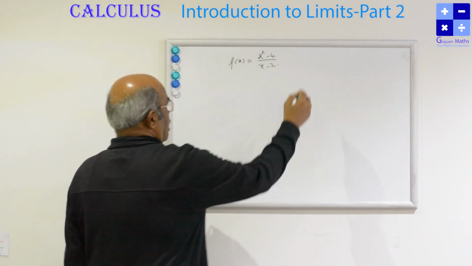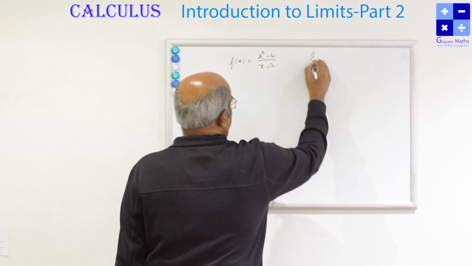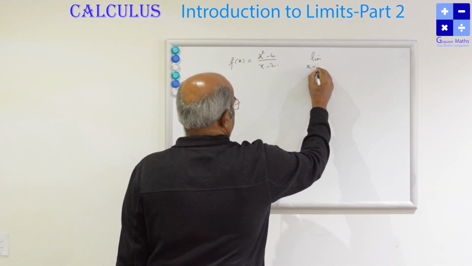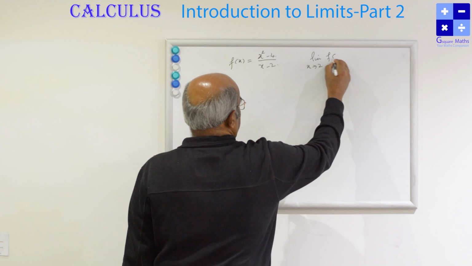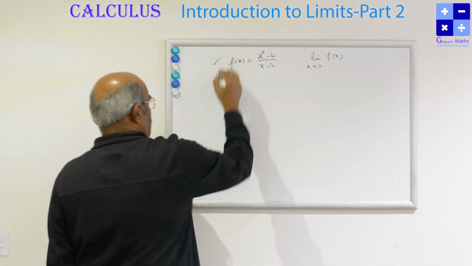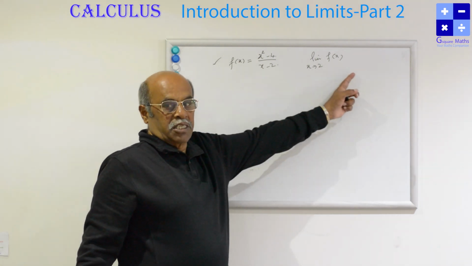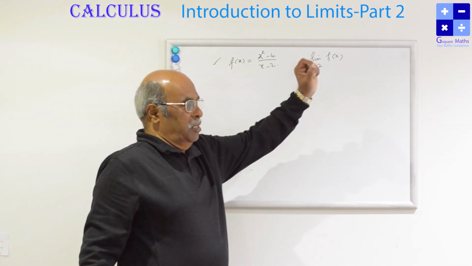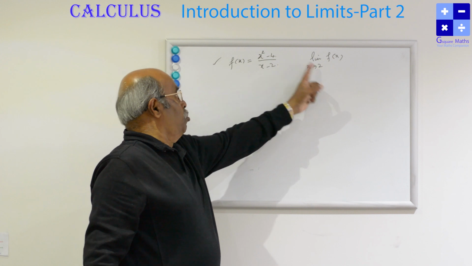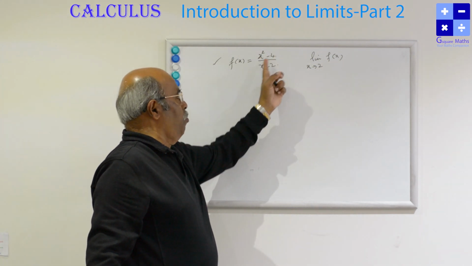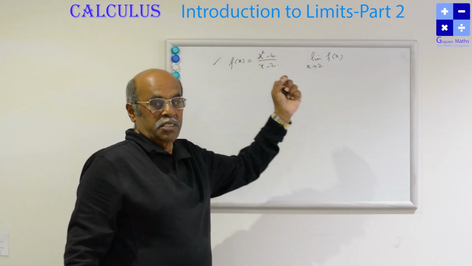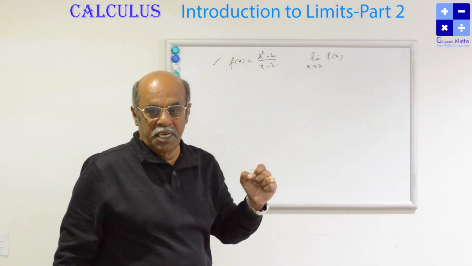You are asked to find the limit x tends to 2 of f(x). The function f(x) is defined, and you are asked to evaluate the limit x tends to a of the function. If you replace x equal to 2 here, 4 minus 4 by 2 minus 2, it is 0 by 0 form, an indeterminate form.